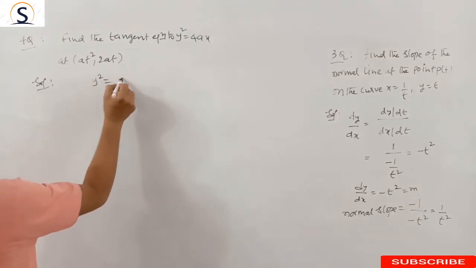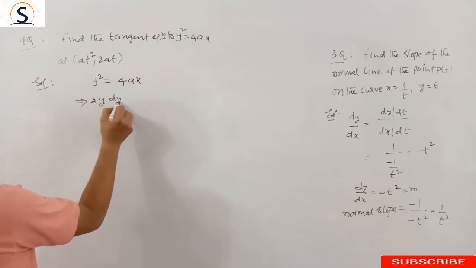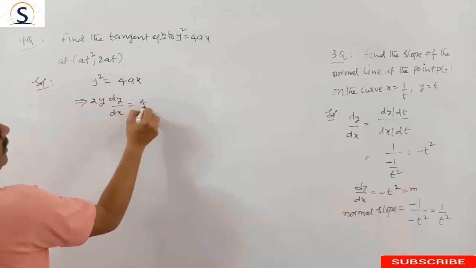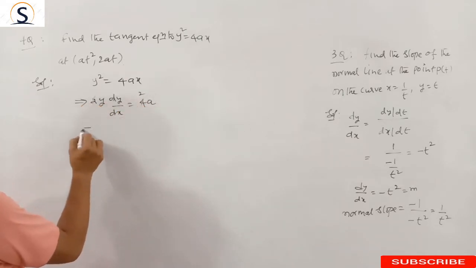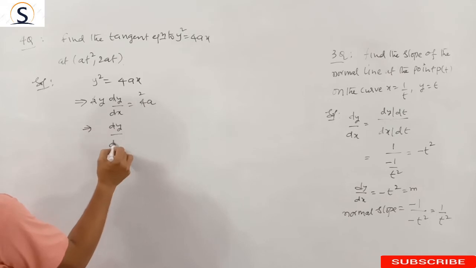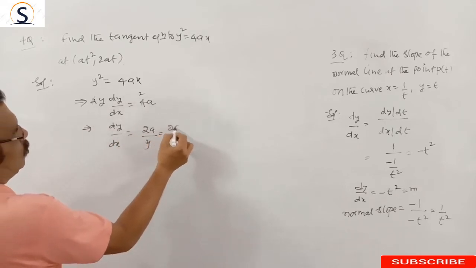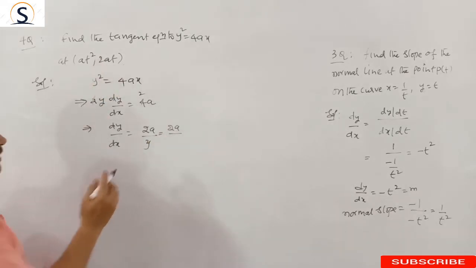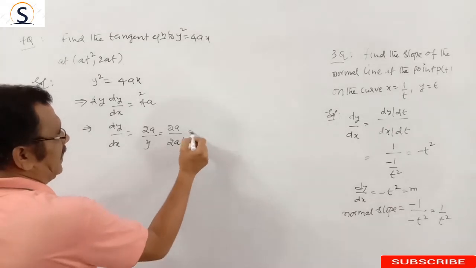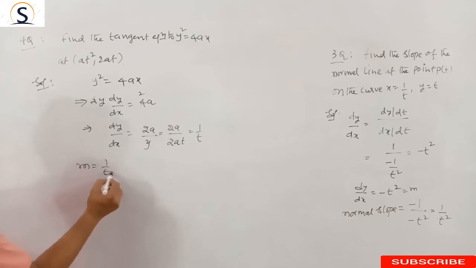Now we differentiate: 2y dy by dx is equal to 4a. The 2 cancels, so dy by dx is equal to 2a by y. The y coordinate of the point is 2at. Therefore, substituting 2at, it is equal to 1 by t. So m, the slope of the tangent, is 1 by t.